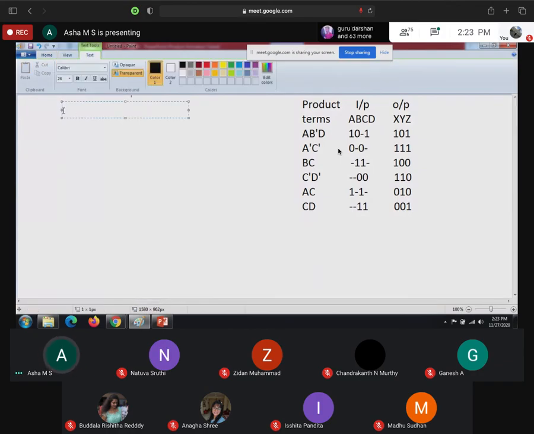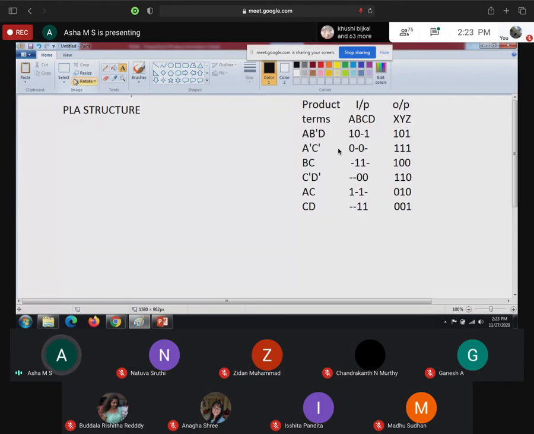Now I'm writing the PLA structure. It is made up of an AND array and an OR array. Here both are programmable, which means you can connect however you want.